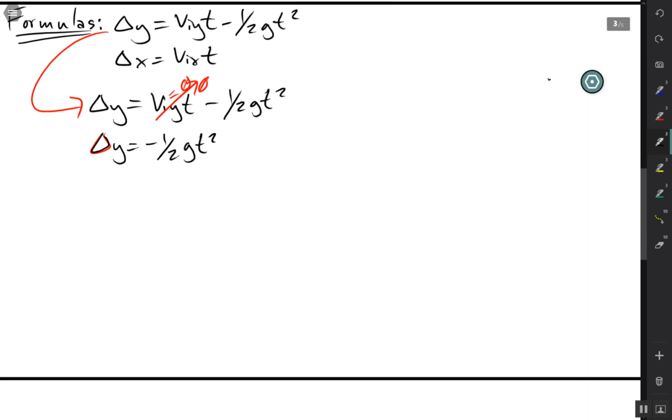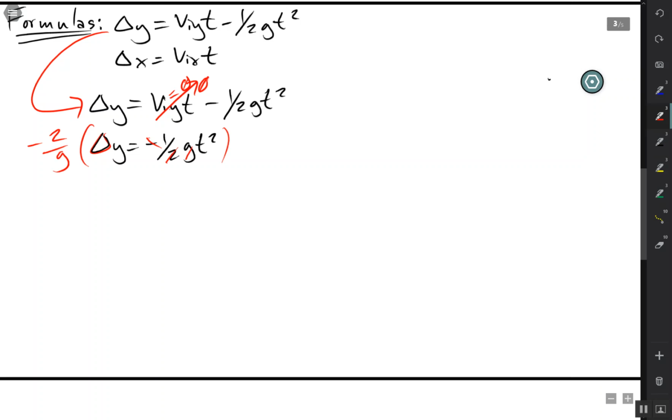So let's start solving for t. And let's multiply both sides by negative 2 over g. And that will actually cancel, so that cancels all of that out.